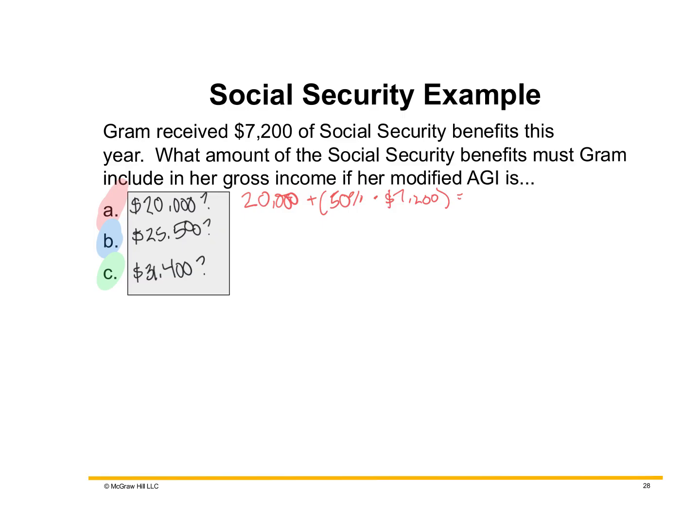So 50% of 7,200 is 3,600, plus 20,000. That gets us 23,600.